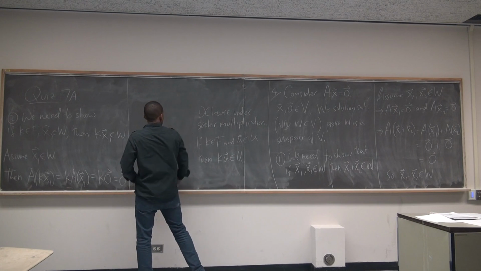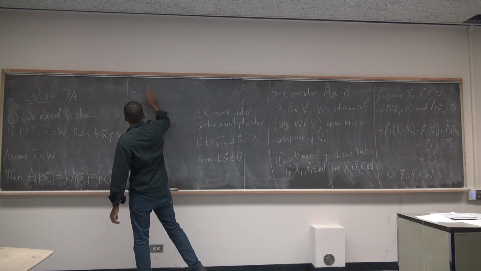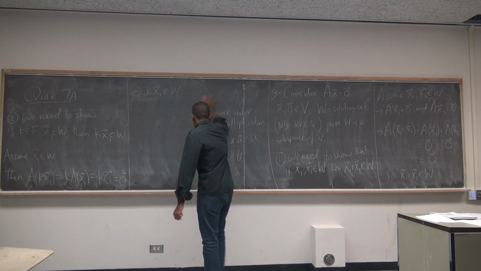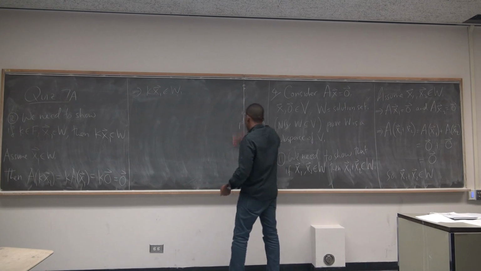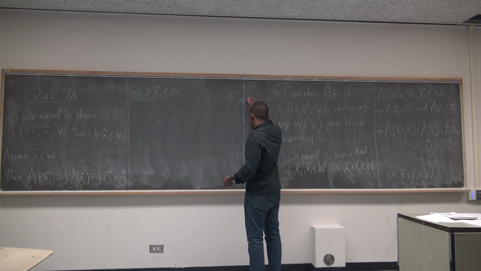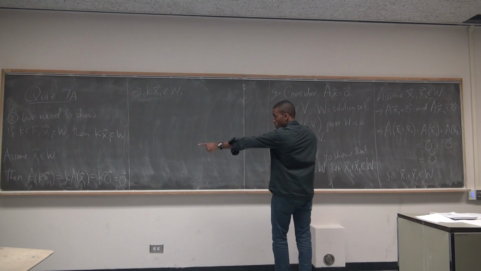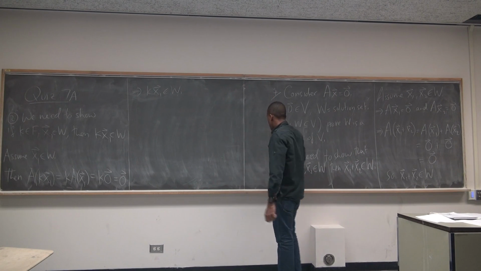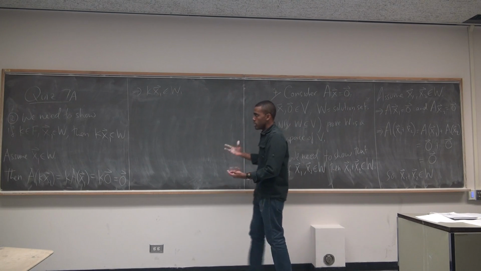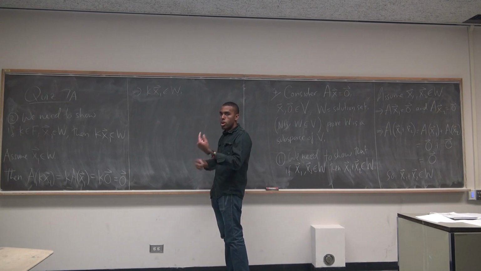But that's it. So kx1 is in W. Anytime you want to prove something is a subspace, you just have to prove two things. Prove that if you add two things that are in the space, you get something that is in the space. And if you take a scalar multiple of something in the space, you also get something in the space. And a lot of the times, to figure out if something is within the space, you're just checking does it fulfill some property that I want.